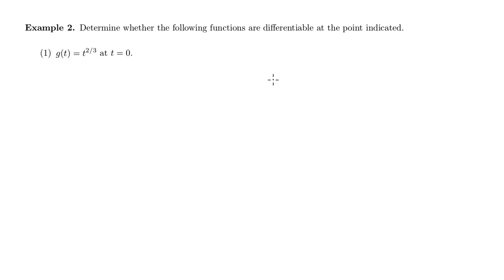And so remember that differentiable, what does that mean? It just means that f prime, in this case of 0, exists. So we need to figure out whether or not f prime of 0 exists as a limit, okay?